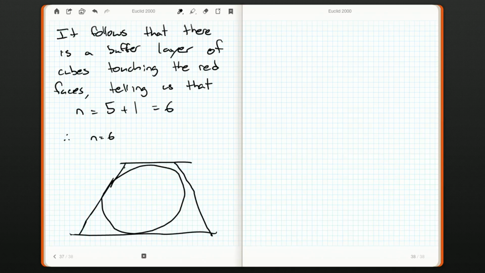There we go, that's okay. I just can't seem to get this point of tangency here. Alright, so we have a center O, we have A, B, C, and D, and we want this value x.